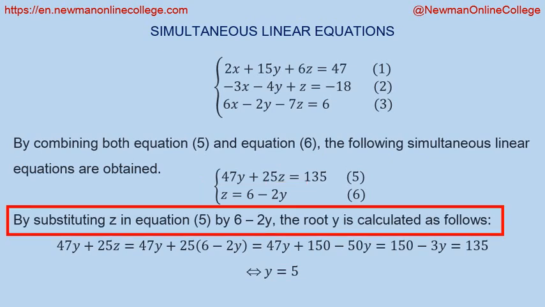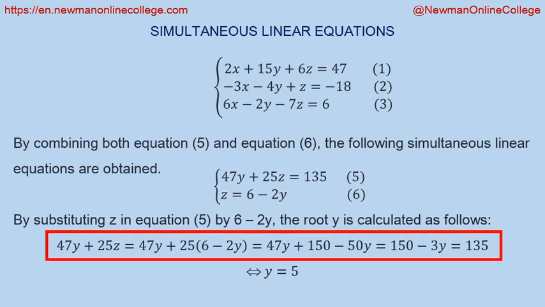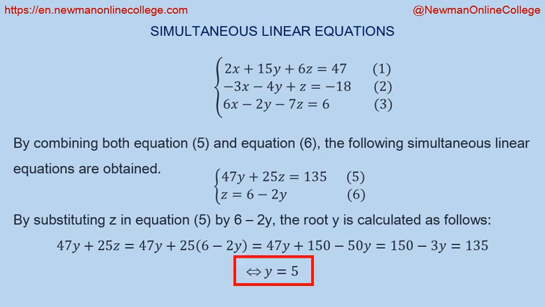By substituting z in equation 5 by 6 minus 2y, the root y is calculated as follows. 47y plus 25z equals 47y plus 25 times open bracket 6 minus 2y close bracket equals 47y plus 150 minus 50y equals 150 minus 3y equals 135, which is equivalent to y equals 5.